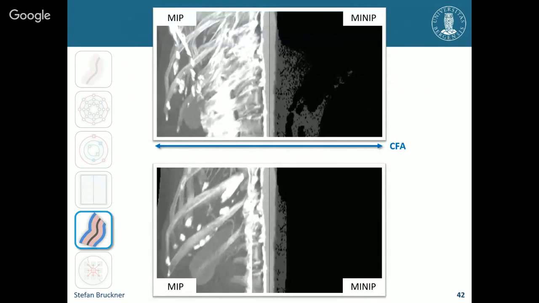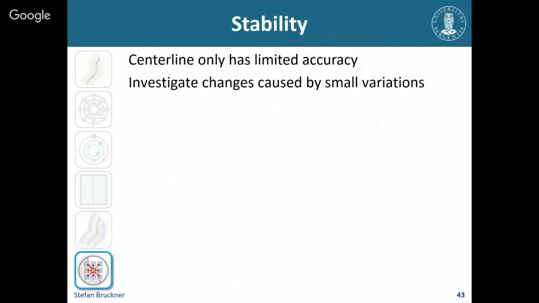Another thing that is possible is to also investigate the stability of the center line, since these are typically automatically determined, but of course these algorithms will have small variations, which can sometimes affect the visualization.